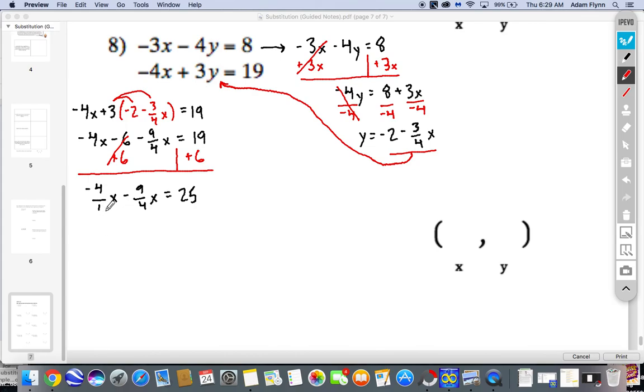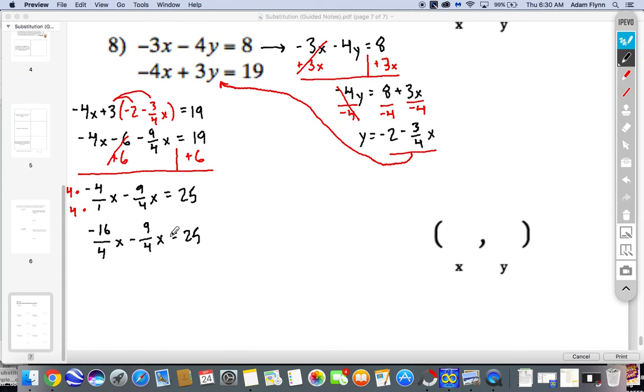My denominators currently are 1 and 4, so my common denominator is going to be 4. So I will multiply the top and the bottom by 4, just scaling that fraction. So 4 times -4 is going to be -16. 4 times 1 is going to be 4, so I get -16 over 4x minus 9 over 4x equals 25.